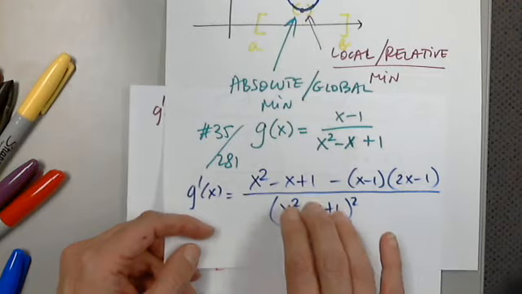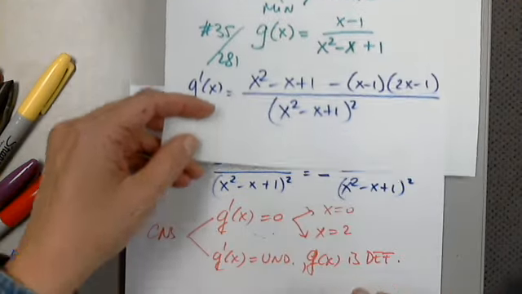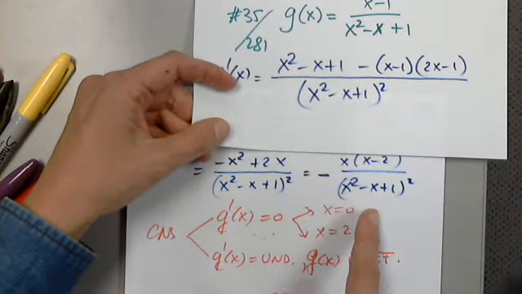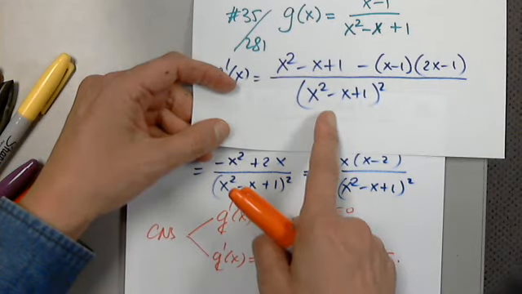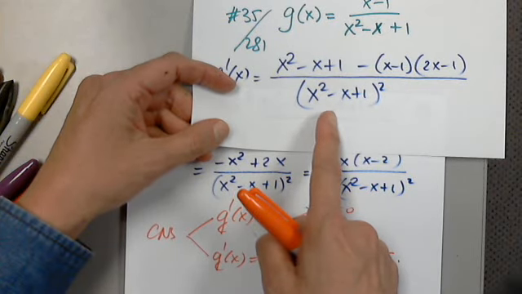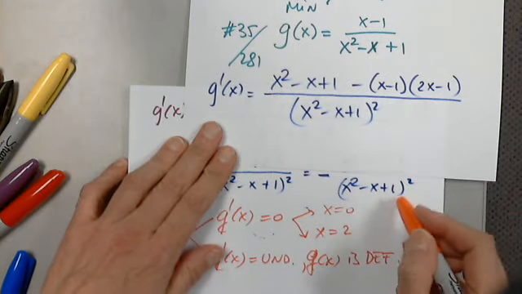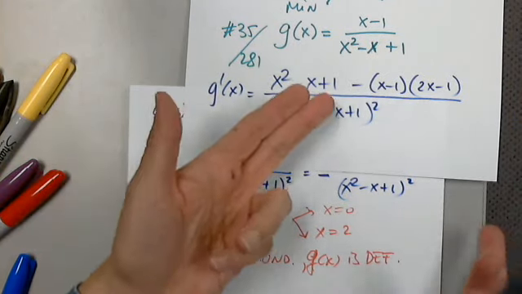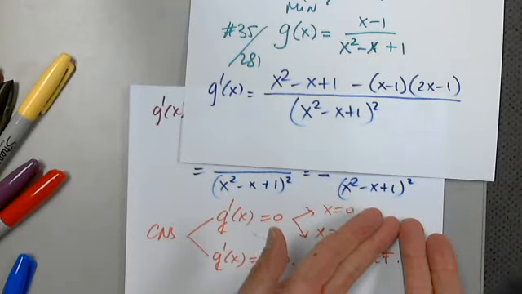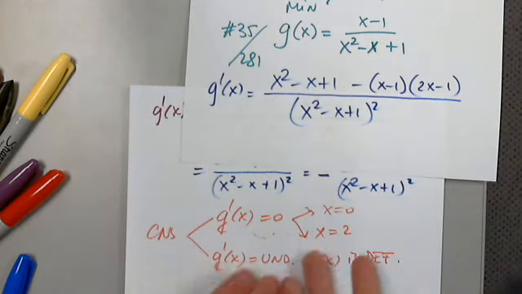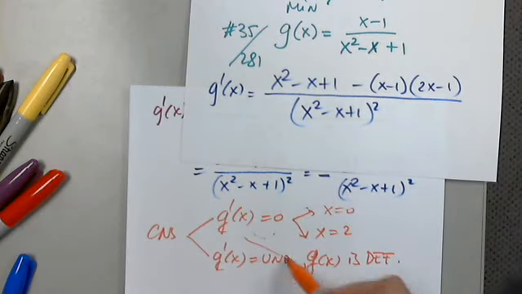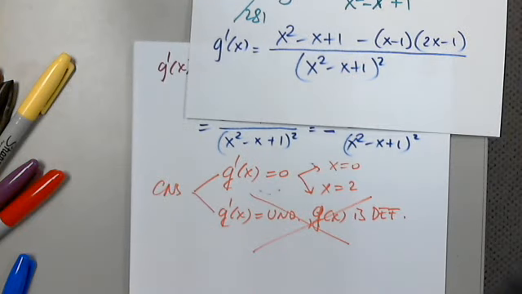But even if this had zeros, since it's the same denominator, when this function is undefined, so is this. So let's say, don't change anything, I have here x plus 1, and I have here x plus 1 squared. This will be undefined at negative 1, but so will this. So in this particular case, there are none coming from g prime being undefined.